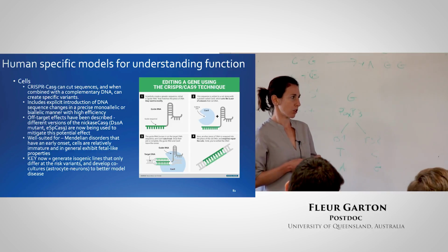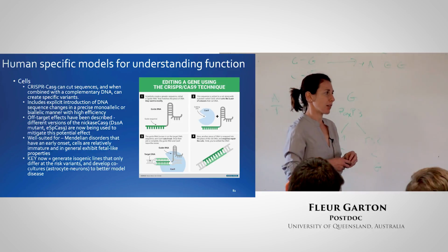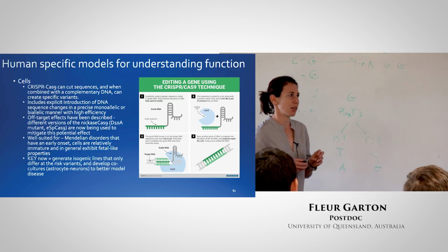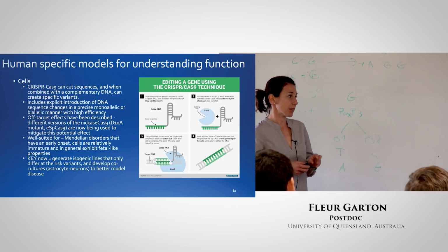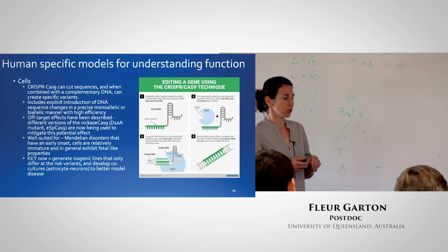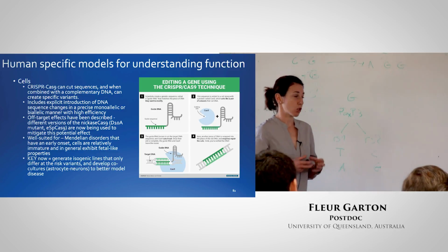They've developed different versions of this nickase, this Cas9, and these are being used to mitigate this potential effect. But I think these off-target effects have more been seen in the cancer field. At the moment, this methodology is very well suited for Mendelian disorders that have an early onset. And I'll show you in the next slide, but when you're working with cells, these are relatively immature.